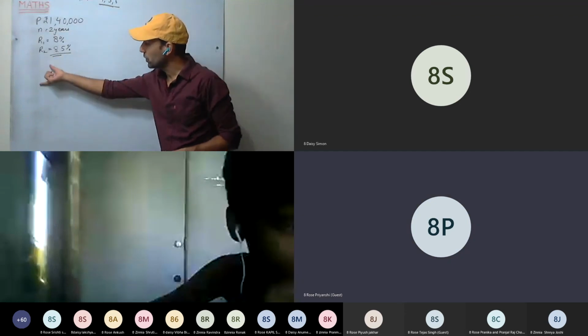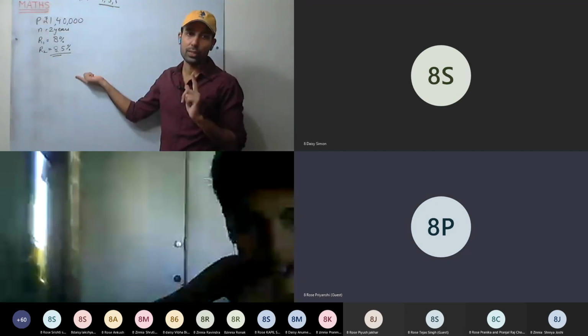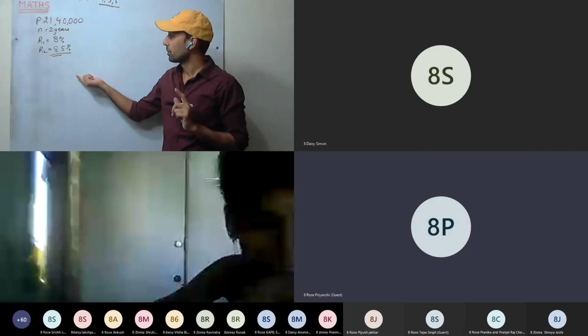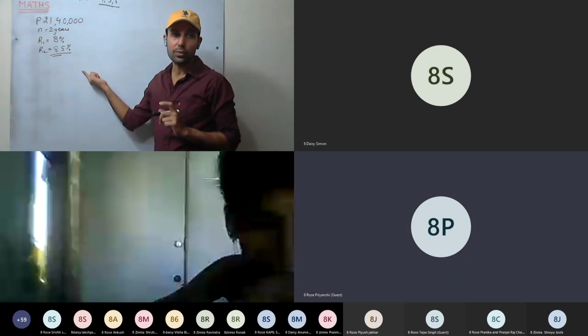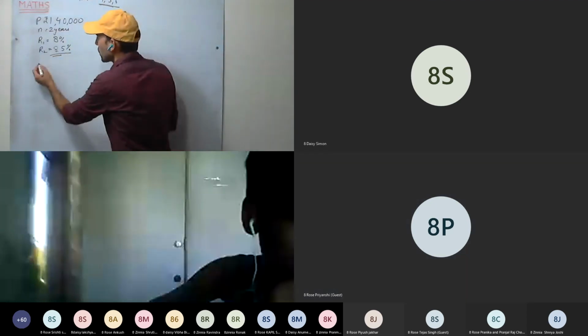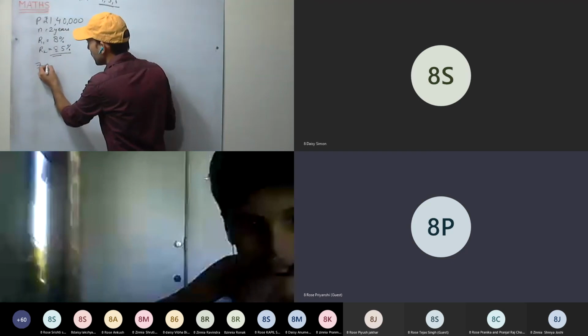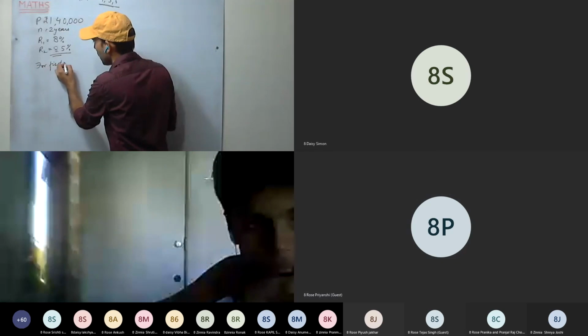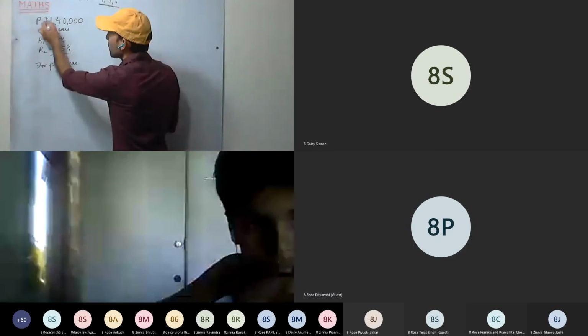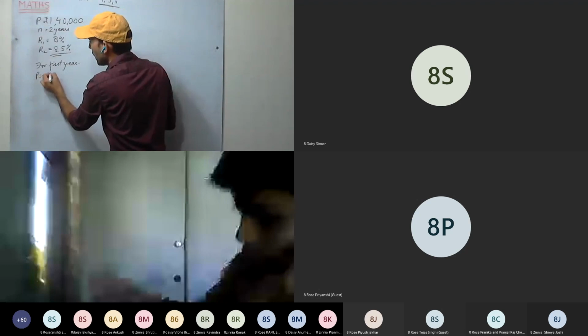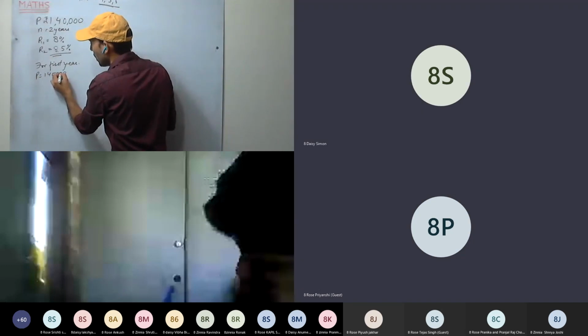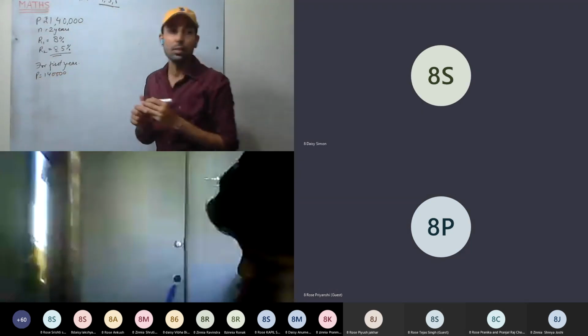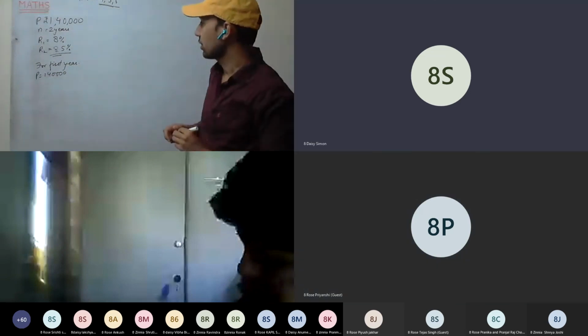So what we do? First, we calculate the amount after 1 year. For the 1st year, principal is 1,40,000. Sir, the formula, but the rates will be different now. Yes, rates are different.